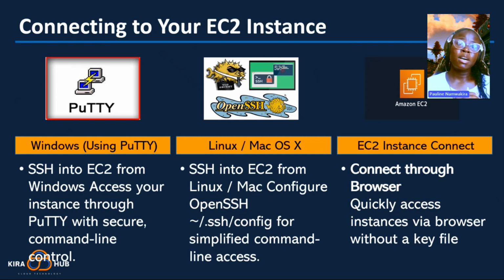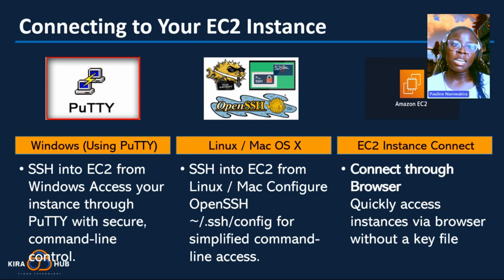How do we connect to our instances? There are multiple ways in which you can connect to our instances. If you're using a Windows machine, PuTTY is a common tool used to establish an SSH connection. You have to download and install it, and then you can configure PuTTY with the key and IP address of the instance you want to access remotely.